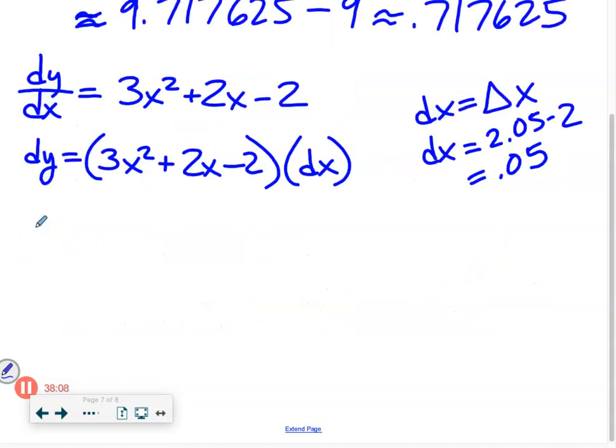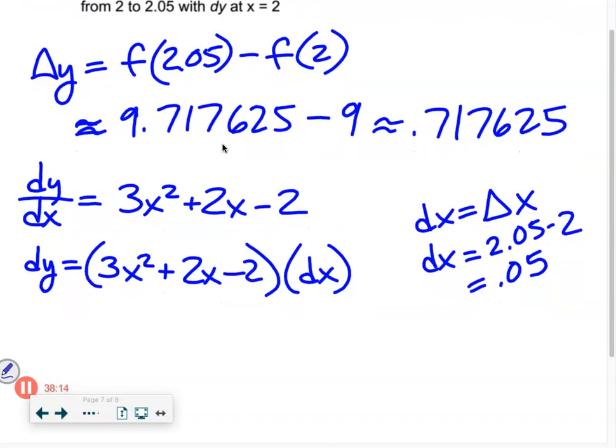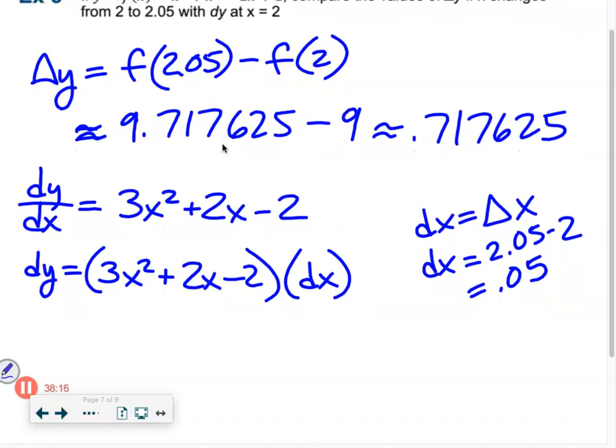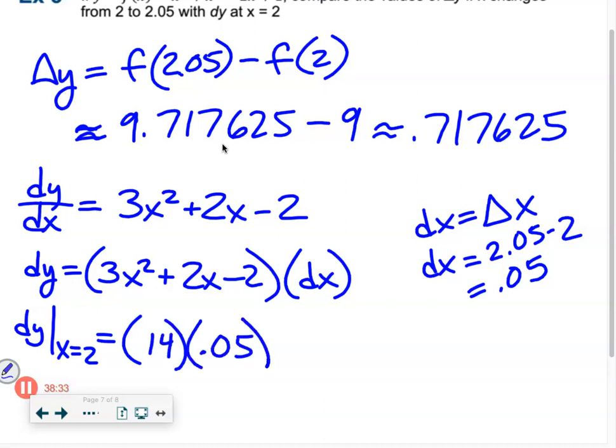They said for this problem to find dy at x equals 2. So dy at x equals 2 would be this function evaluated at 2, which, if you plug in a 2, you get 14 times dx, which is 0.05.